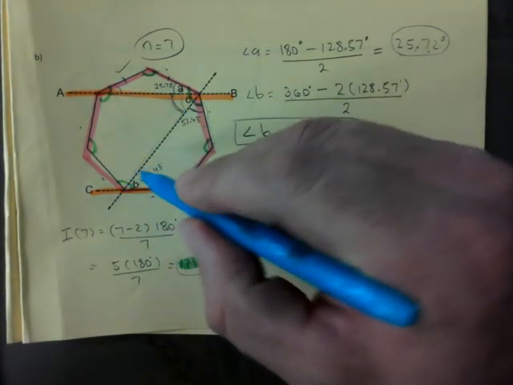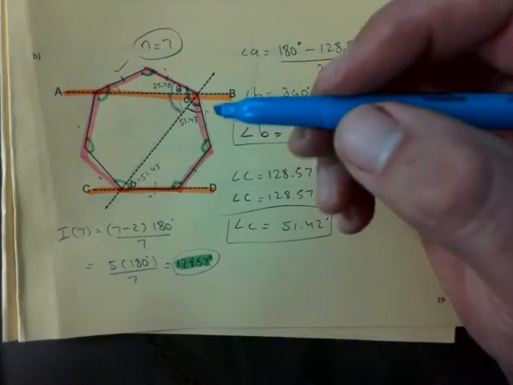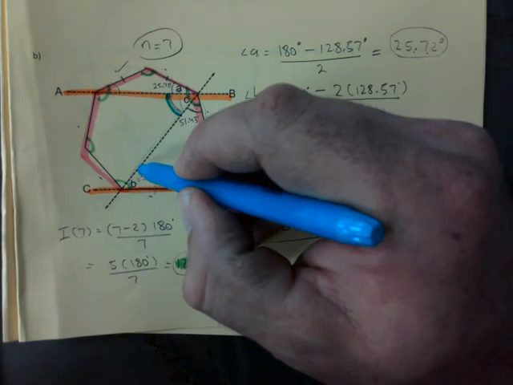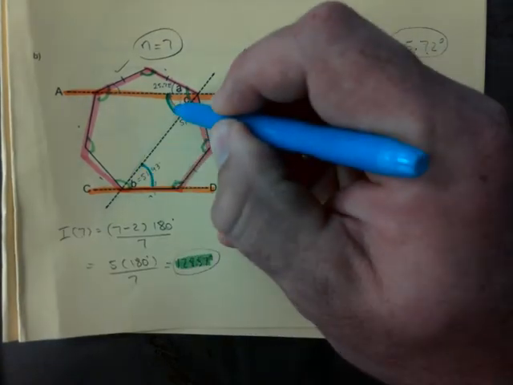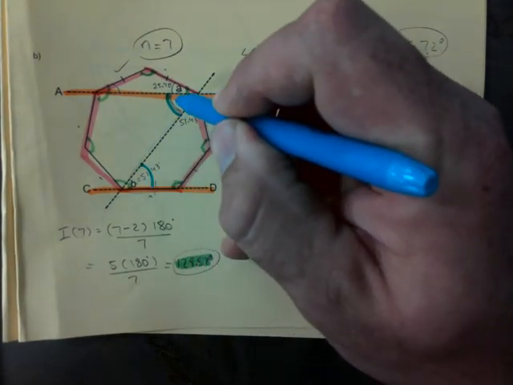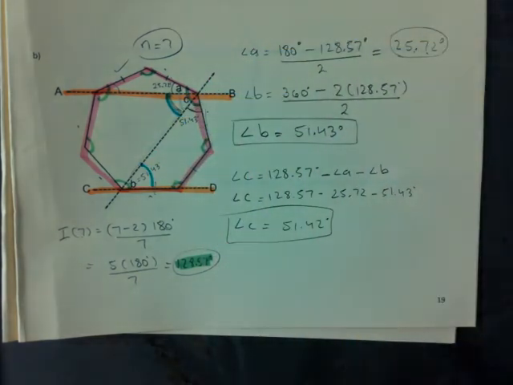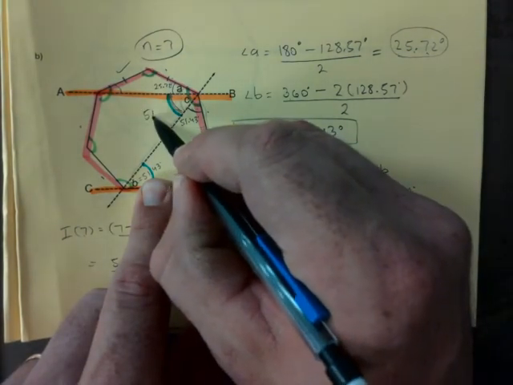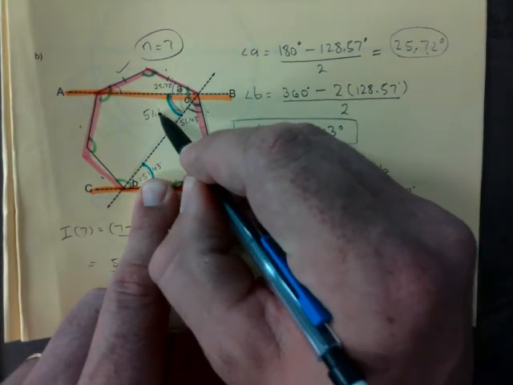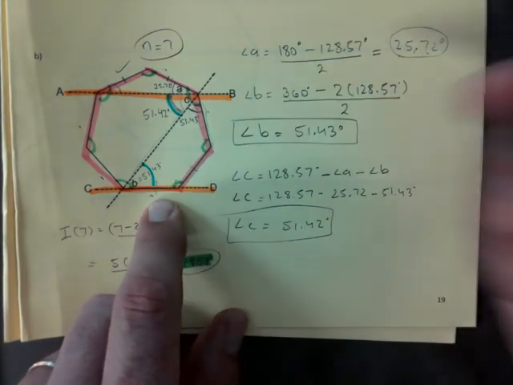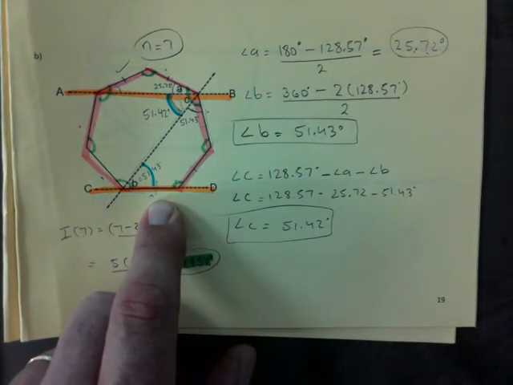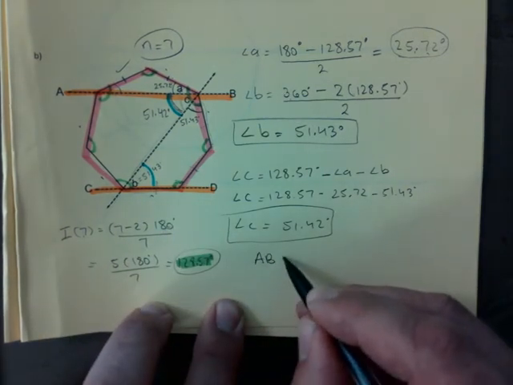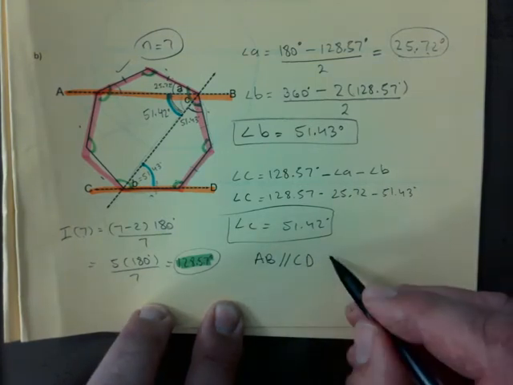This transversal here connects the two lines in question. So I'm wondering, hey, this one right here and this one right here, what are those? Alternate interior. So I know that this is 51.43 here, and this I just found is 51.42, right? Close enough. If it's ever off by 0.01 or something like that, we're not going to sweat it. So AB is parallel to CD, right?